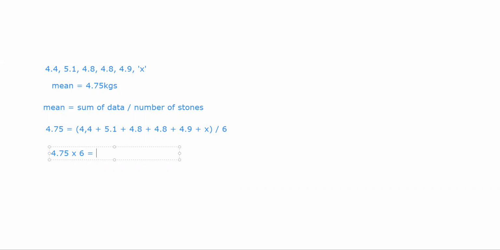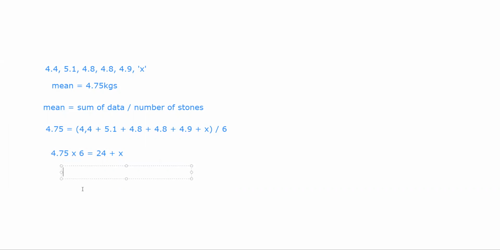The sum of these 5 numbers is equal to 24, and we don't know the value of X, so it would be like this. 4.75 multiplied by 6 would be equal to 28.5.